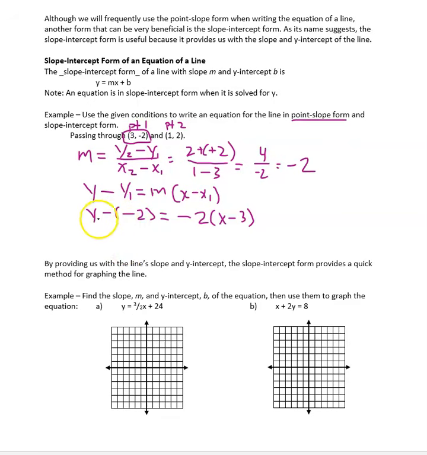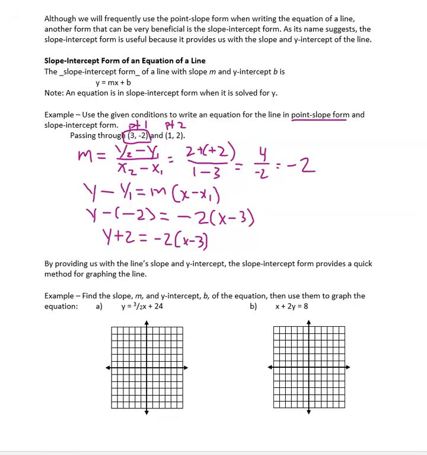And we want to simplify this as much as we can, so we have 1 plus 2 is equal to negative 2 times quantity x minus 3 closed quantity. And that would be the point-slope form of the equation of this line.